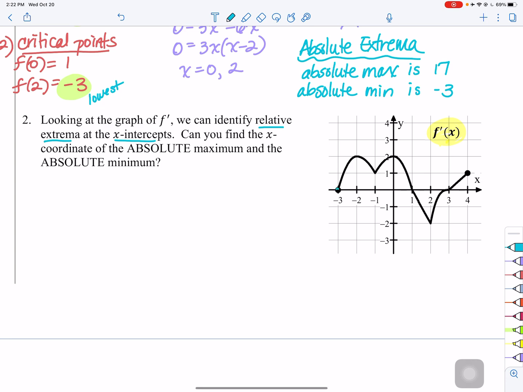So let's just say right here is the first part of the closed graph. So wherever that y value is on f, we begin to increase. So all of this area, every bit of this, f prime is positive.